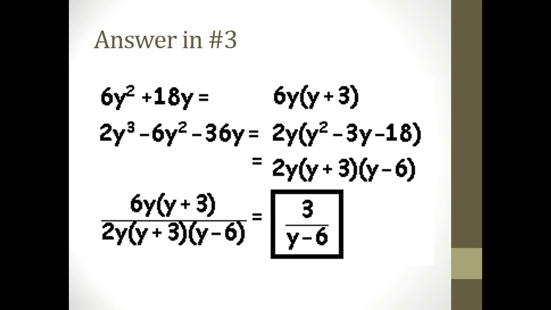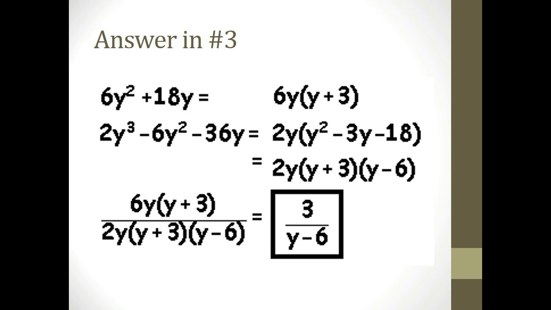For problem number 3, 6y squared plus 18y will result in 6y multiplied by quantity y plus 3, while 2y cubed minus 6y squared minus 36y will result in 2y multiplied by quantity y squared minus 3y minus 18, which will be simplified to 2y multiplied by quantity y plus 3 multiplied by quantity y minus 6.